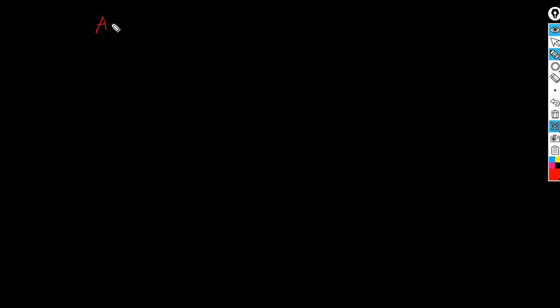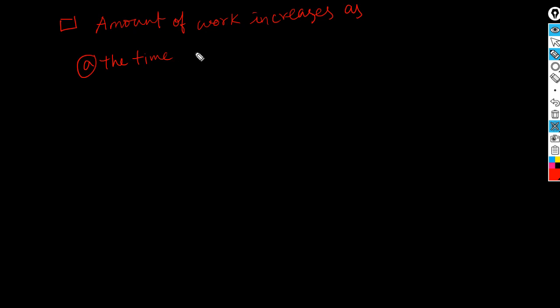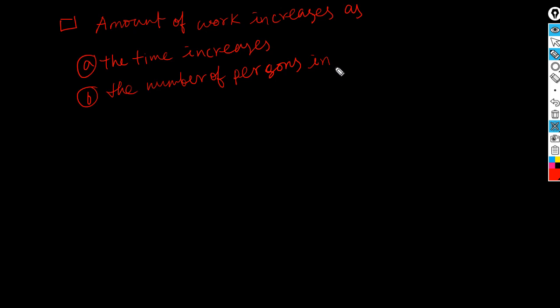The amount of work increases as, under these conditions, number A, the time increases, and number B, the number of persons increases.